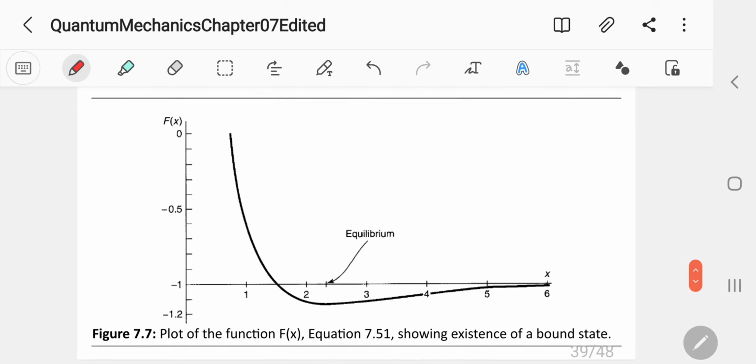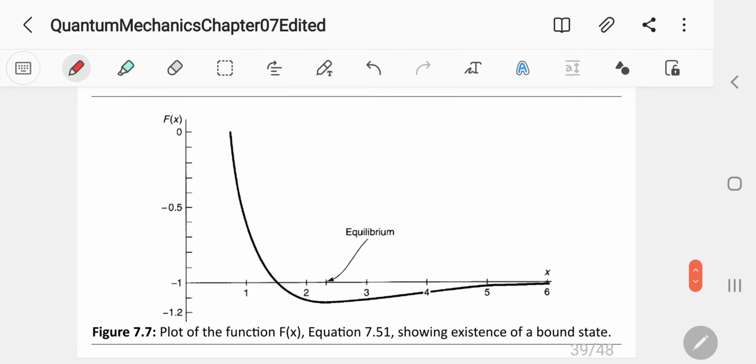And here you have the plot. The bonding occurs somewhere here, at this point. So it's in equilibrium at that state, and the hydrogen bonds with the proton, forming the hydrogen molecule ion.